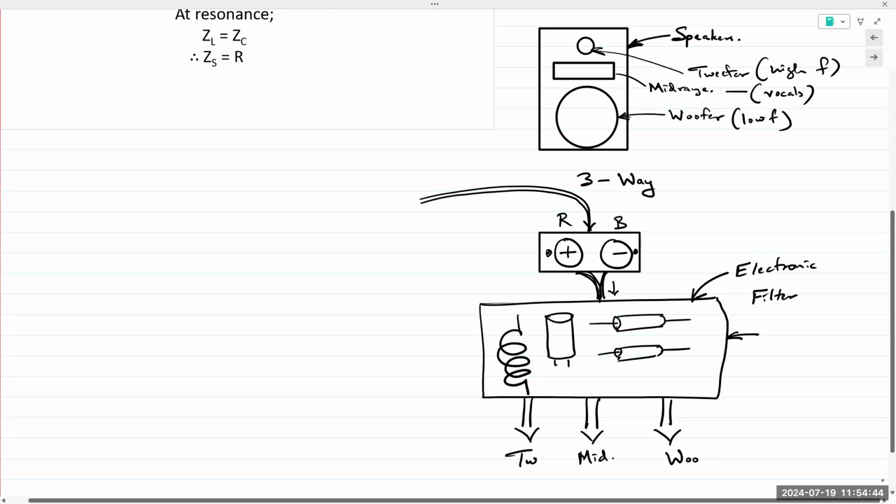This is known as a crossover network. Okay, this filter is known as a crossover network inside the speaker.